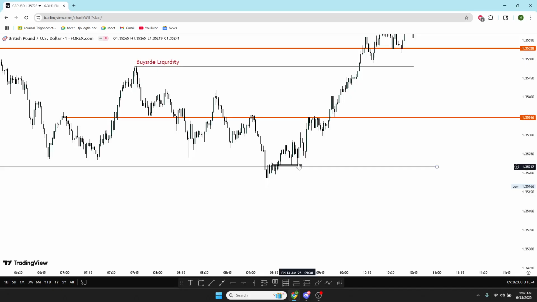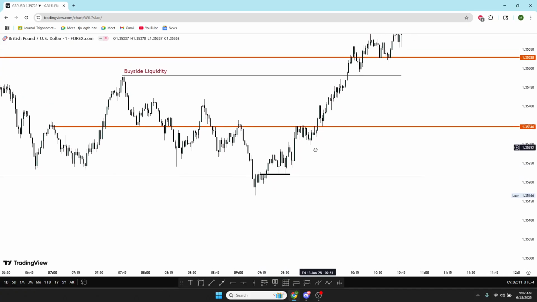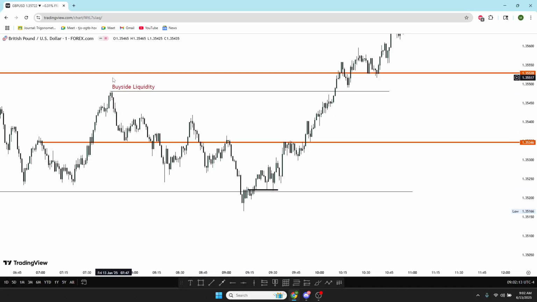You look for the optimal trade entry, the fractal model, from low to high retracement. You buy it, stop loss below the O low. And then where do you reap your reward? You reap your reward above the buy side liquidity, the opposite end of the range. Boom. Enter here. Take profit above the buy side.